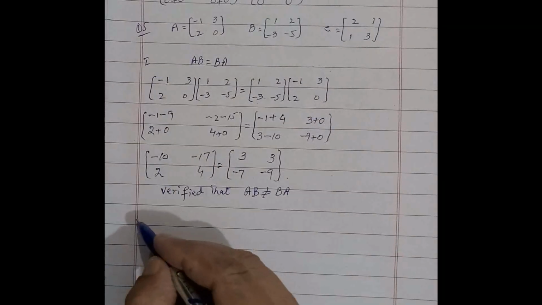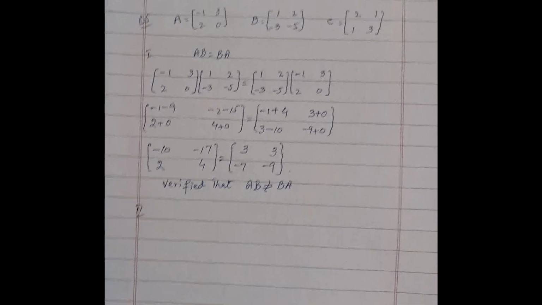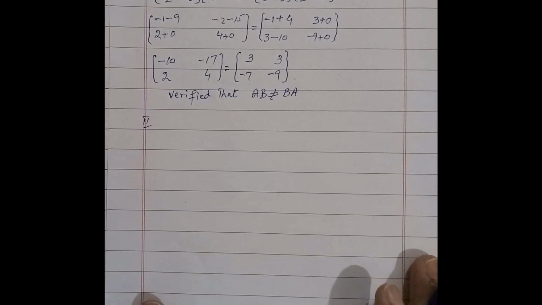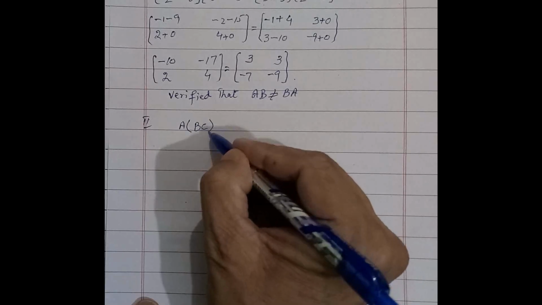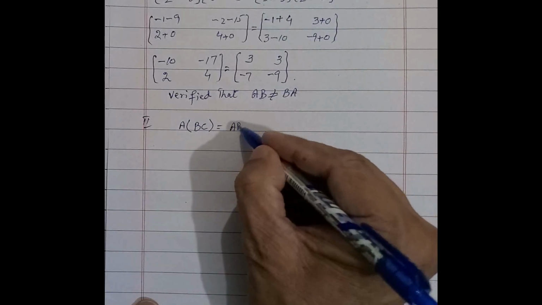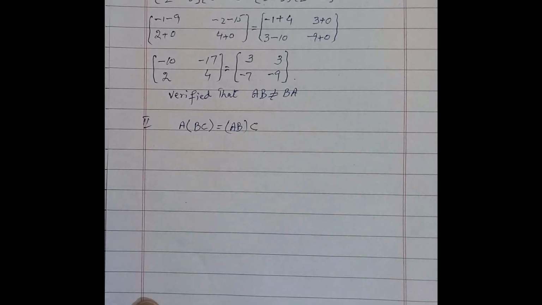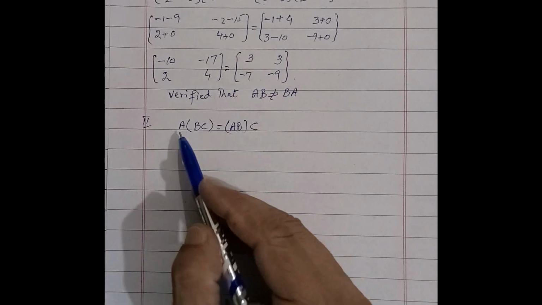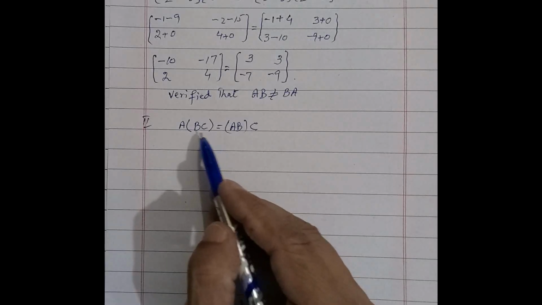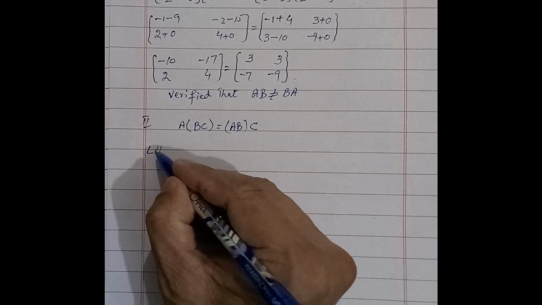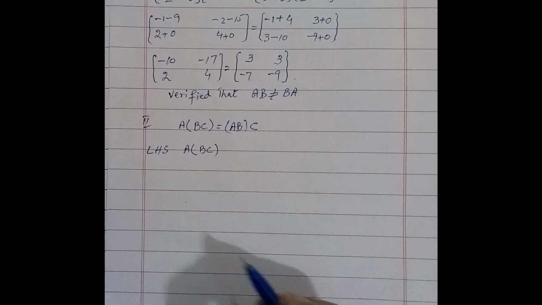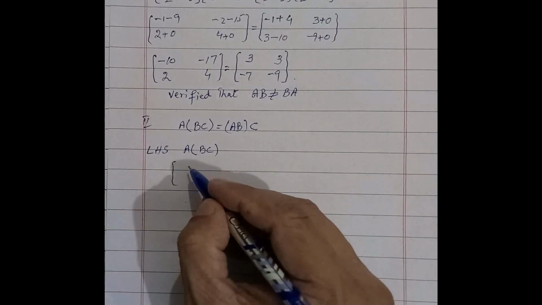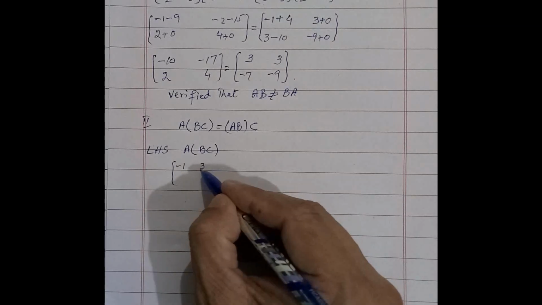And the second part is A bracket BC is equal to AB into C. In this verification, we first solve the left hand side, which is A bracket B into C. Left hand side is equal to A B into C. The A matrix is minus 1, 3.